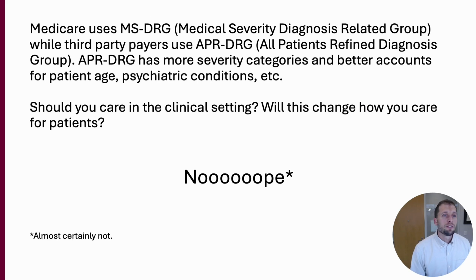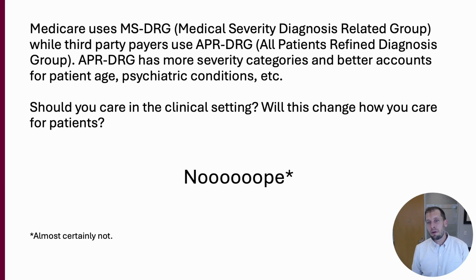Okay. So these two systems. Medicare is going to use the MSDRG, medical severity diagnosis related groups, and third-party payers are going to use APDRGs, the all patients refined diagnosis related groups. Okay, so APDRG expands on MSDRG. So MSDRG came out, and third-party payers said, well, this is cool, we like it, but the issue is it was developed by Medicare.